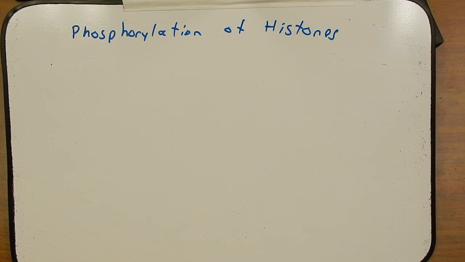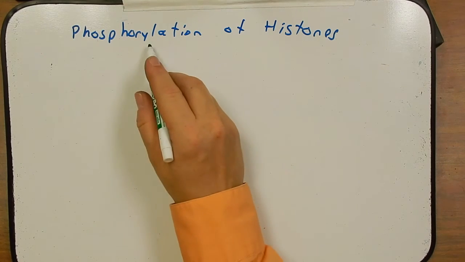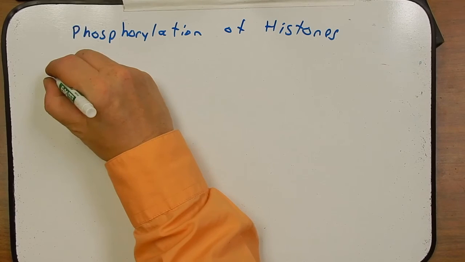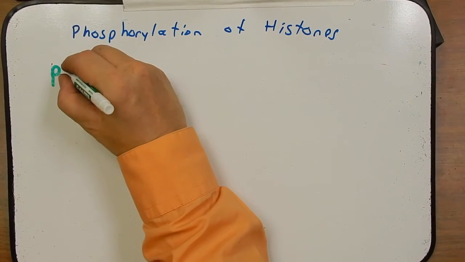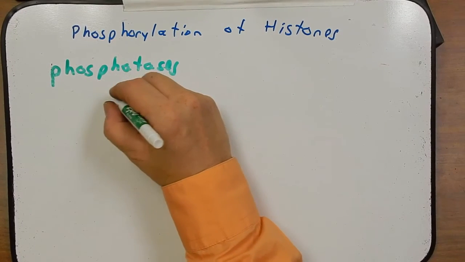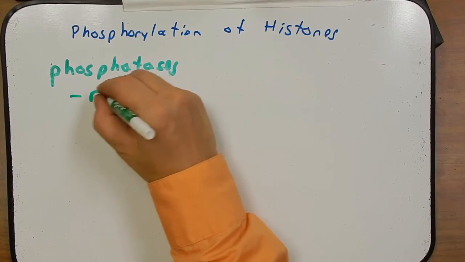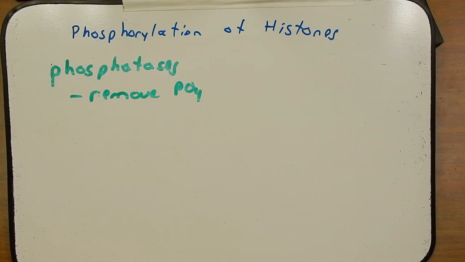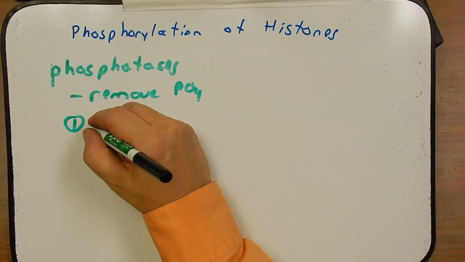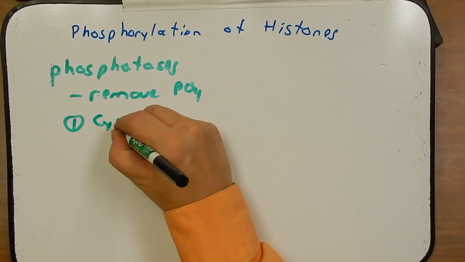All right, we're almost done. There's just two more enzymes I want to mention, and I'm not going to say a whole lot about them. The first is the opposite of phosphorylation. It's the removal of the phosphate groups. And that's going to be the role, as I mentioned before, of the phosphatases. So these will remove phosphate groups. And there are two that we could talk about, and we may come back to later, but for right now I just want you to know these two classes.